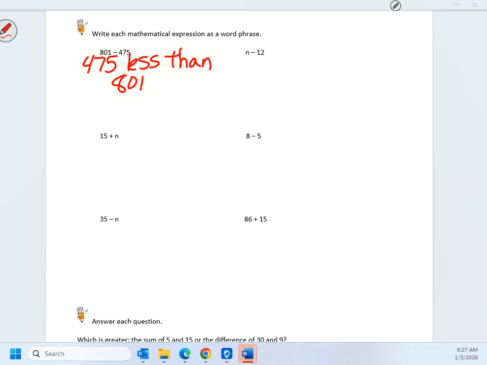Rhoda. 475 subtracted by. 475 subtracted. No, the other way around. If we want to say subtracted by, we want to put that 801 first, and then we're subtracting by 475. Okay. They both work. They mean the exact same thing. There's not just one answer when we're writing the verbal phrase.